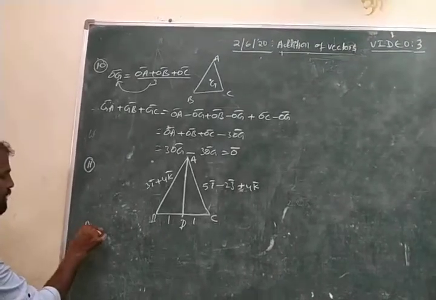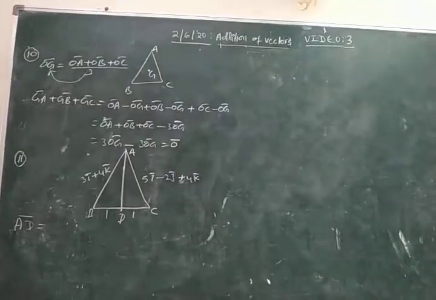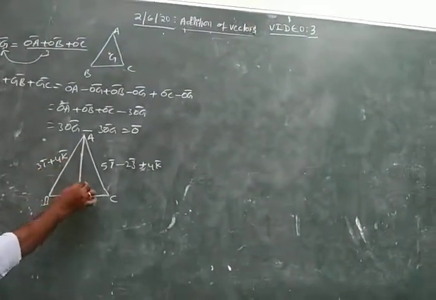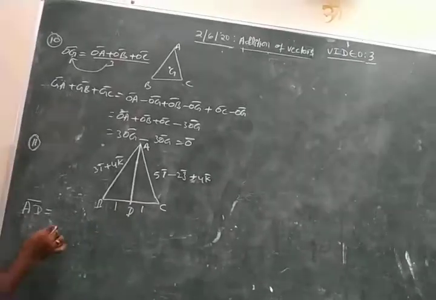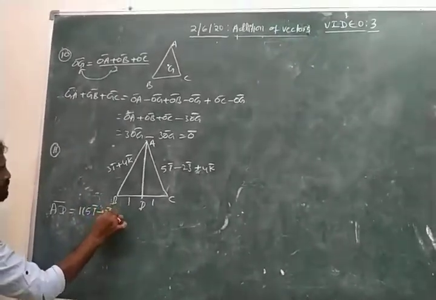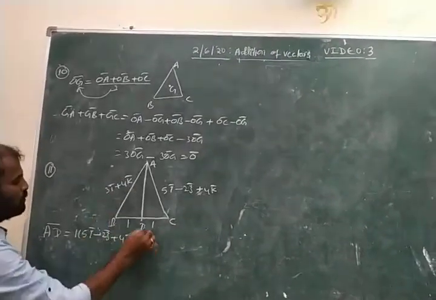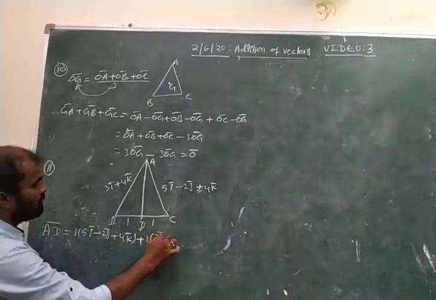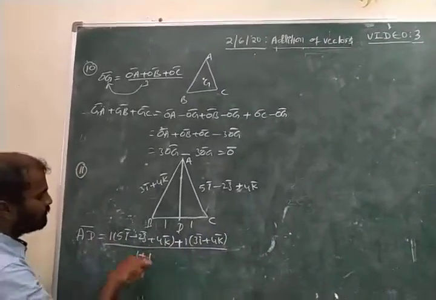Now AD bar, the median, is 1 into AB bar plus 1 into AC bar by 1 plus 1. That means 1 into (5i bar minus 2j bar plus 4k bar) plus 1 into (3i bar plus 4k bar) by 1 plus 1.